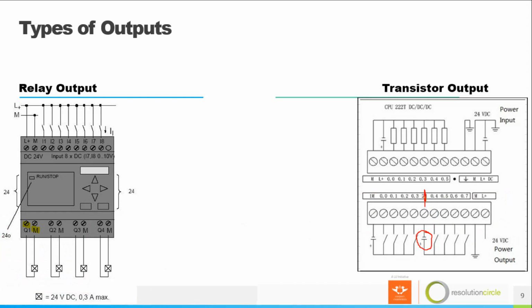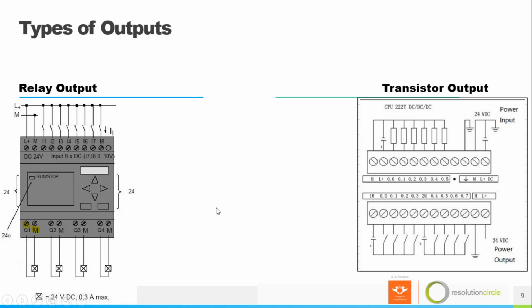It will control these outputs, 1, 2, 3, 4, and these 4, 1, 2, 3, 4 will also have their own power supply if you don't want to use the same power supply. So with transistor, your output module must be powered.